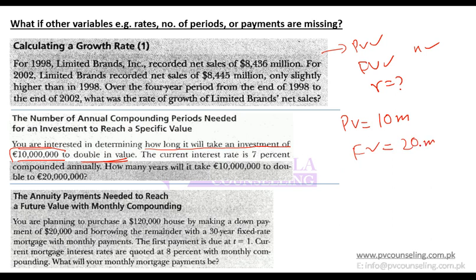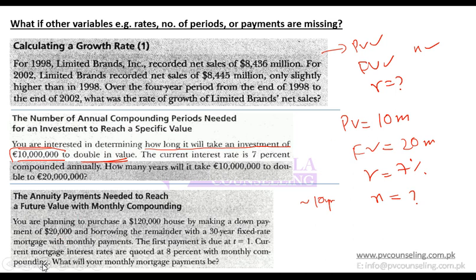The current interest rate is 7%. How many years would it take for this to be achieved? That is your number of years. Again, you plug in the same numbers in PV, FV, payment and rate, and you compute N, and it will be approximately 10.2 years. So it means that it will take approximately 10 years for the money to double.